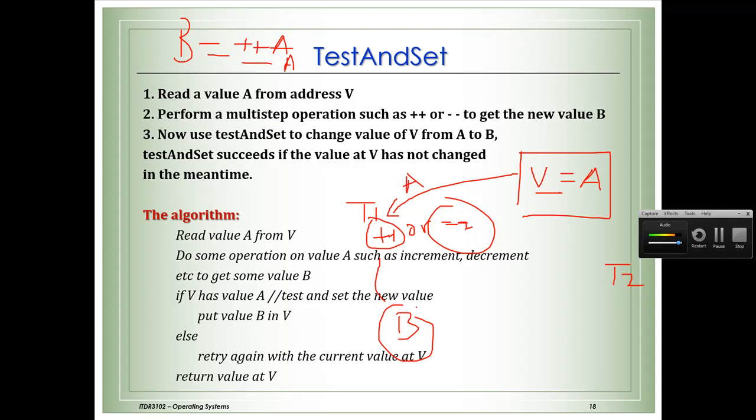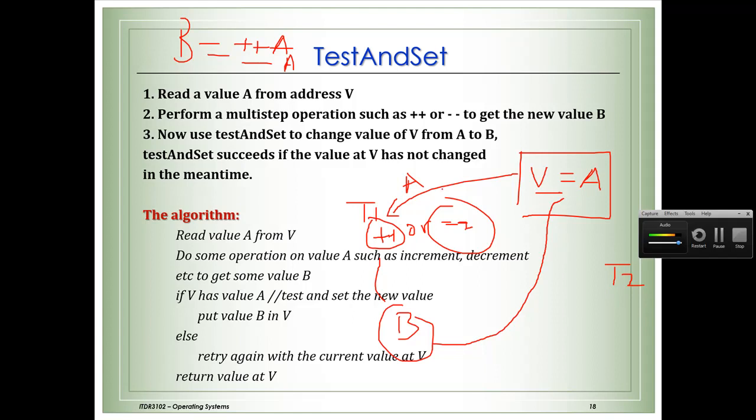Now T1 wants to store this value into the memory location. When it tries to store the value, it would test what is the current value in the memory location V.